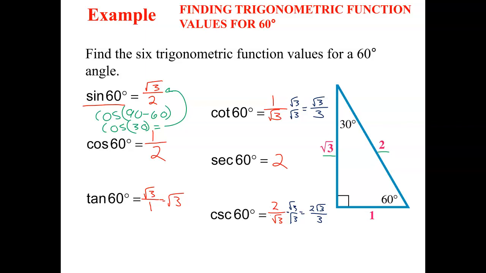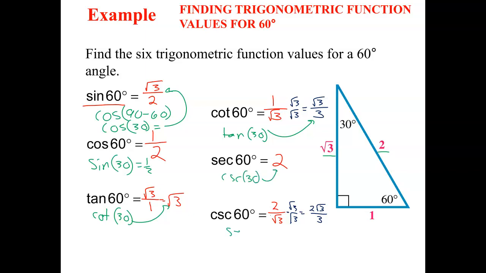If I have cosine of 60, I also have sine of 30 is also 1/2. Cotangent of 30 is also root 3. Tangent of 30 is root 3 over 3. Cosecant of 30 is 2. And secant of 30 is 2 root 3 over 3.